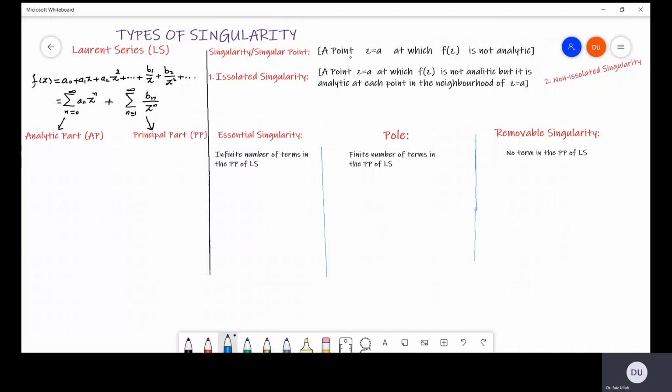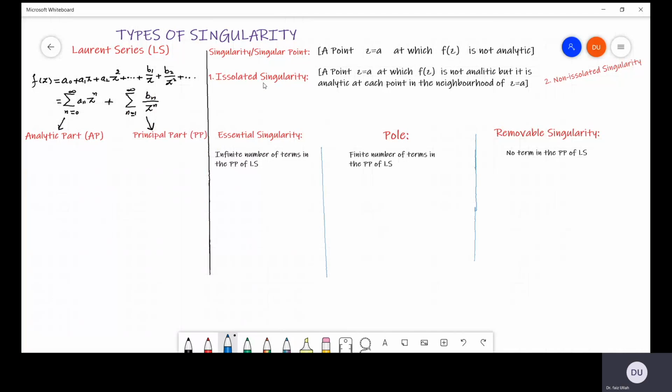So if we are given a function f of z, and we differentiate the function and put z equal to a in f dash of z, and we get infinity or minus infinity, it means that f of z is not differentiable, and hence z equal to a will be called a singular point of that function.